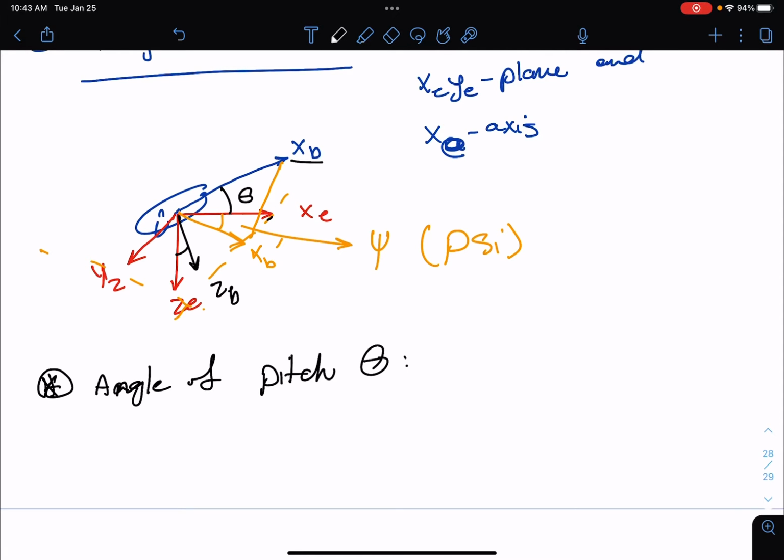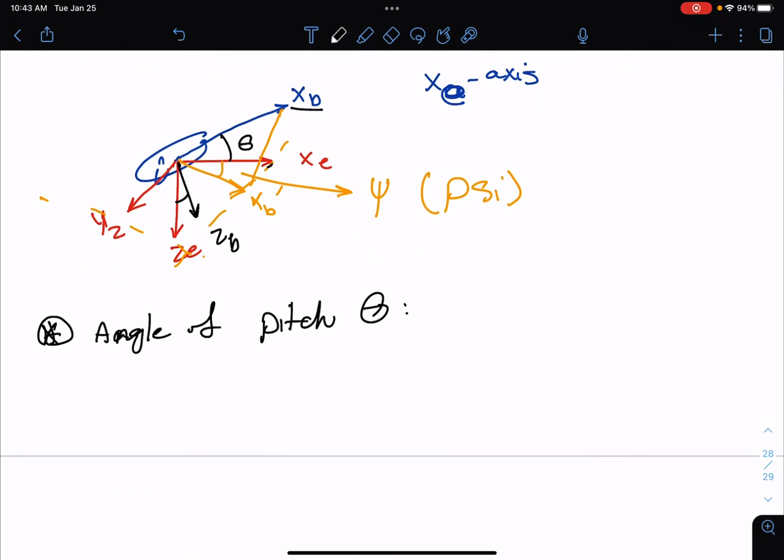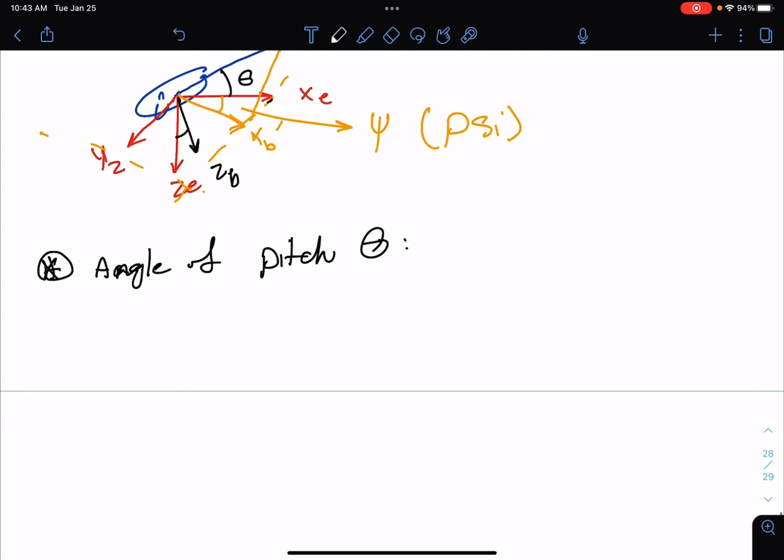So, angle of pitch. How much your plane has deviated from the earth, that plane that lies on top of the surface of the earth, at an elevation of course, but parallel to the surface of the earth. Again, let's say this is your XE and YE.